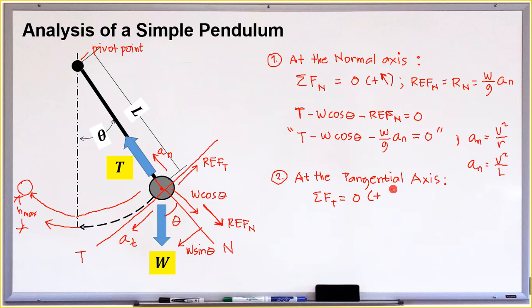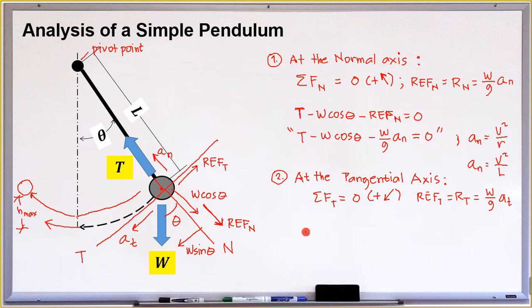So we take positive if pa downwards siya because that is the direction of our tangential acceleration. So we have the reverse effective tangential force is equal to the resultant tangential force, which is equal to the weight over G times the tangential acceleration.